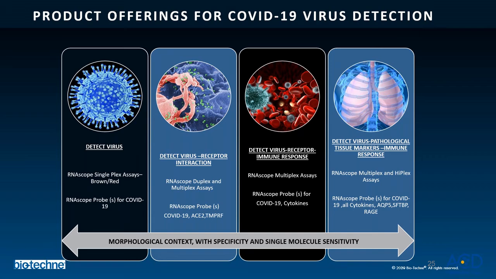You can also utilize our multiplex assays to not only study the virus receptor interaction, but as you all know, post-COVID there is this cytokine storm that's been observed in patients. So you can look at that immune response by multiplexing your experiment.